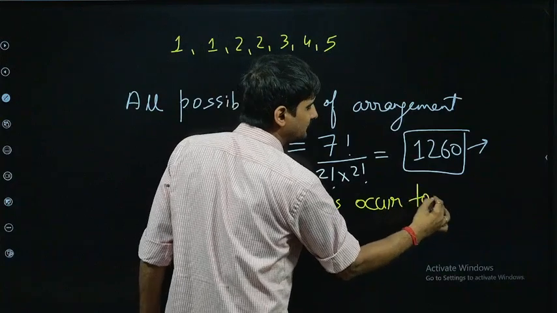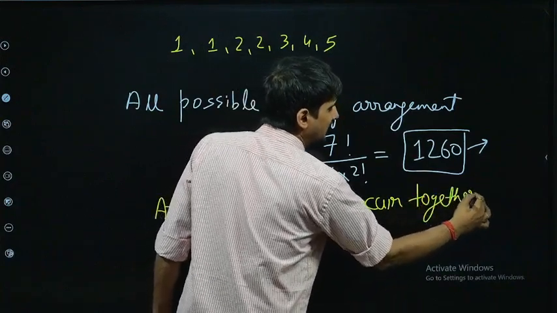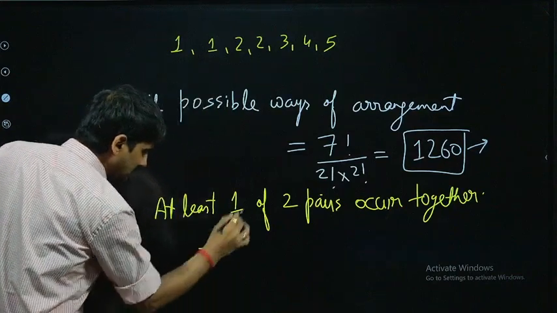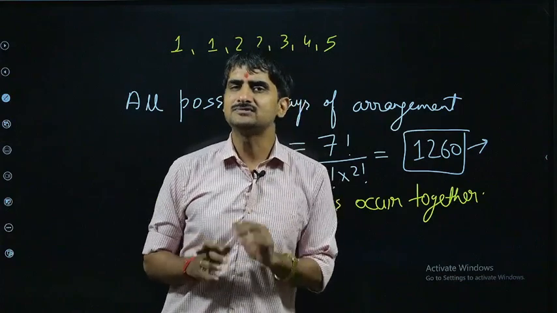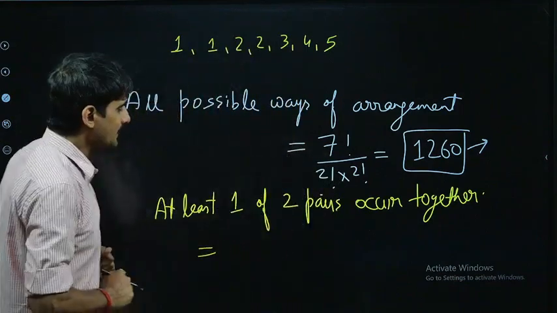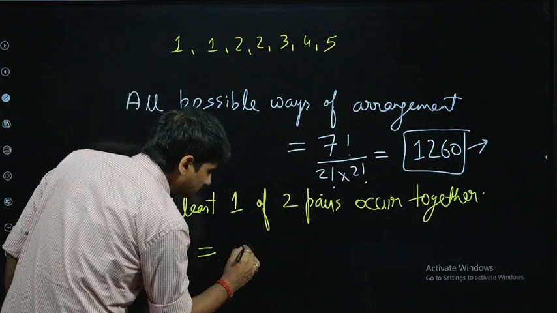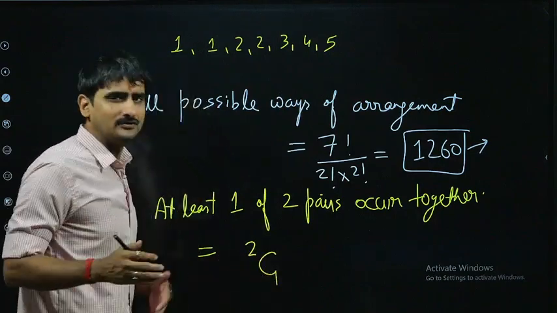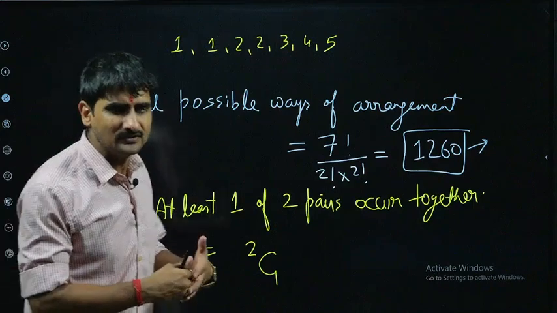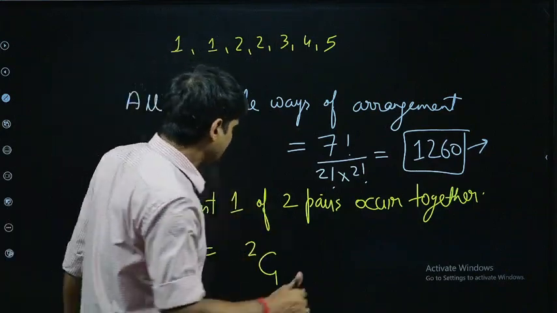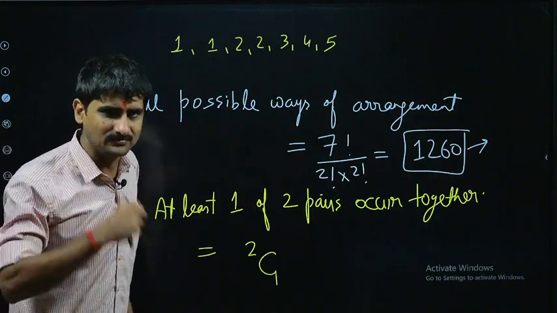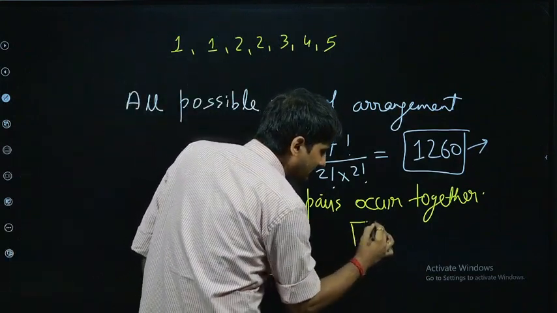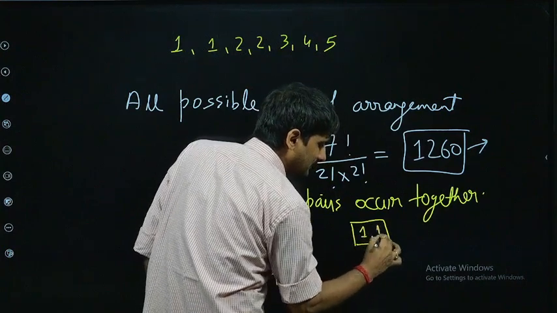What I mean to say here is that either 1 1 or 2 2, at least one of them should occur together. So 2C1, which one? 1 1 or 2 2. So we have 2 choices. Now let's say I selected 1 and 1 and decided to put them together. I will put them in a box, 1 1, so that they don't get separated.